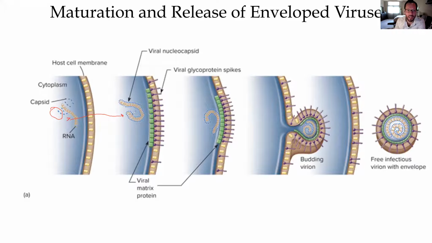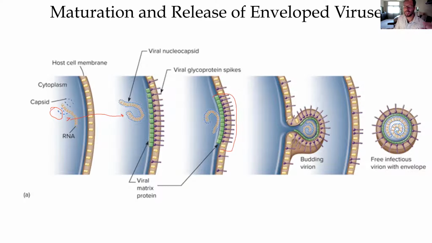That capsid then has the genome packaged, and also other proteins that have been translated are sent out to the cell membrane. So the viral matrix proteins and the spikes, those things embed themselves into the host membrane. The capsid then aligns itself to that viral matrix protein.